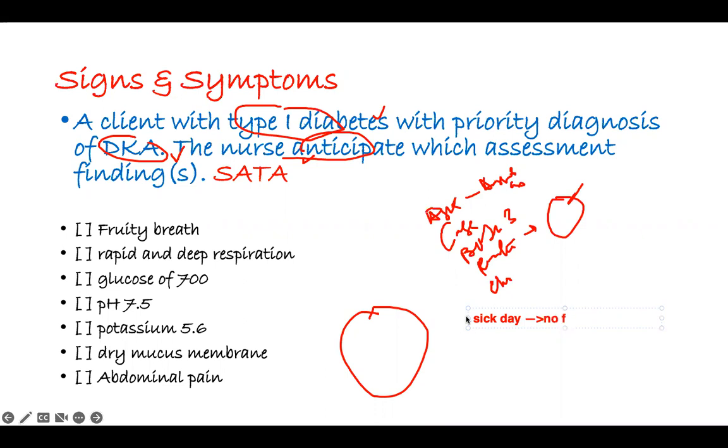So no food, and they don't drink. Then they decide, I'm not taking my insulin because I'm not eating, which is a mistake. No insulin. Since they are type 1, they need to inject themselves. They say, I'm not eating, so I'm not injecting myself.